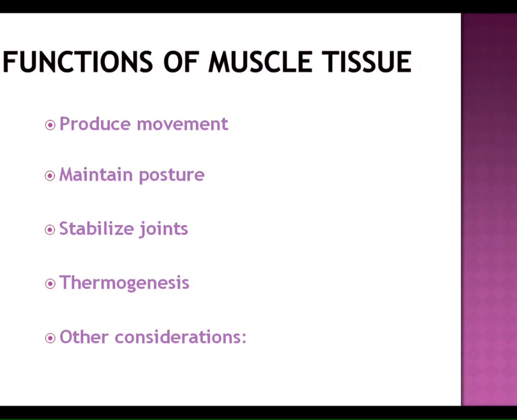Other considerations would be, which is not in the textbook, surprisingly, or not surprisingly, that muscle mass, skeletal muscle mass, is one of the prime indicators of absolute whole body health, meaning your immune system. If you have no muscle mass, your immune system is basically shot, for the most part, right?